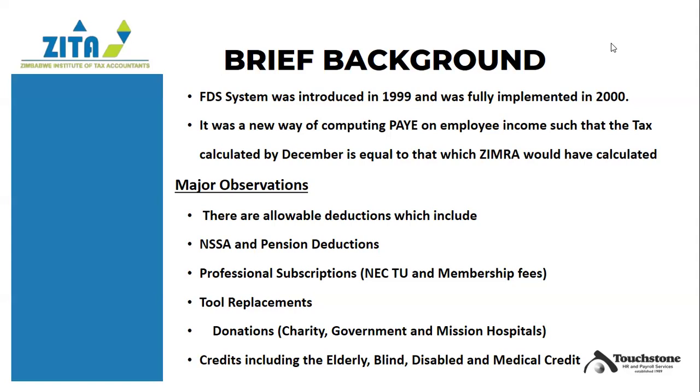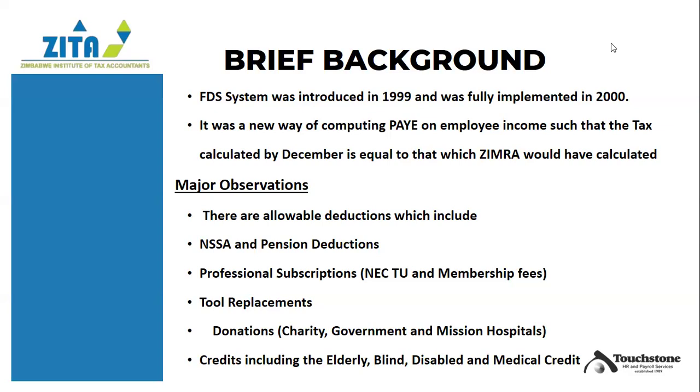So if you're earning 2,000 Zimbabwe dollars at that time, the tax will be so much, at 2,005 it will be so much, at 2,010 it will be so much, going right up. These books were quite huge, and we would just check how much an employee is earning and the requisite tax that was supposed to be deducted.